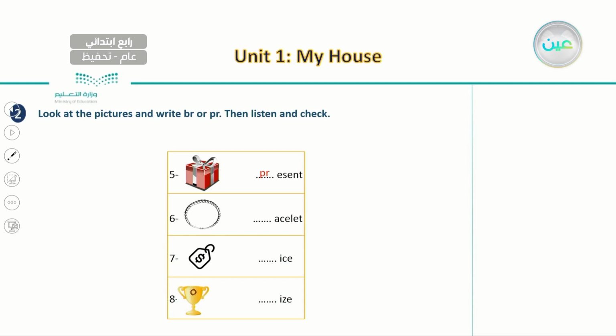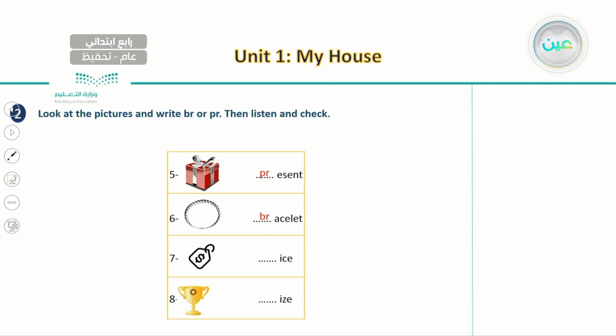And number 6, bracelet, bracelet. Bracelet starts with BR. And number 7, which when we go shopping, we always see on different products. Number 7 is price, price.